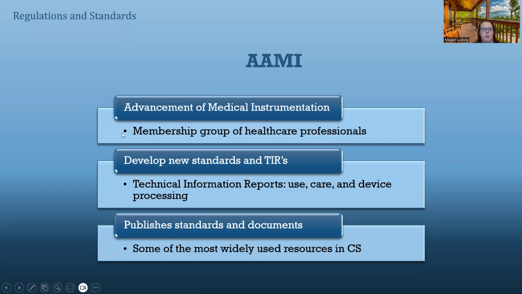So it is a membership group that you could be a member of, but they are really important in developing new standards or making sure that they are up to date, that they've done their research, those types of things, to make sure their standards are accurate. Okay, so they publish those standards and documents, and they are going to be, like I said, the most widely used resources in central supply or sterile processing.